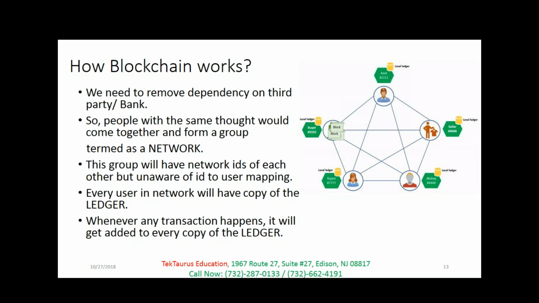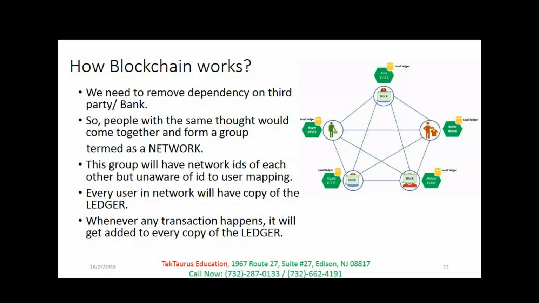Whenever any transaction happens, it gets added to every copy of the ledger. Like you can see in the network, whenever a transaction is happening, it is announced in the network that I am doing this transaction, please validate it. Once the transaction is validated, it becomes part of the blockchain. Once the transaction has become part of the blockchain, there is no power in the world that can remove it from the blockchain.